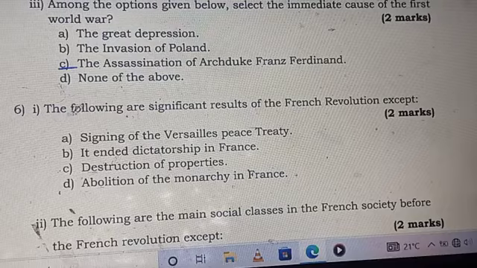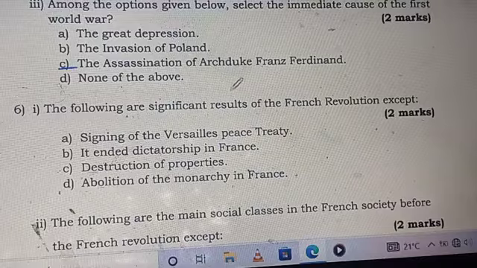Question 6 I. The following are significant results of the French Revolution except.